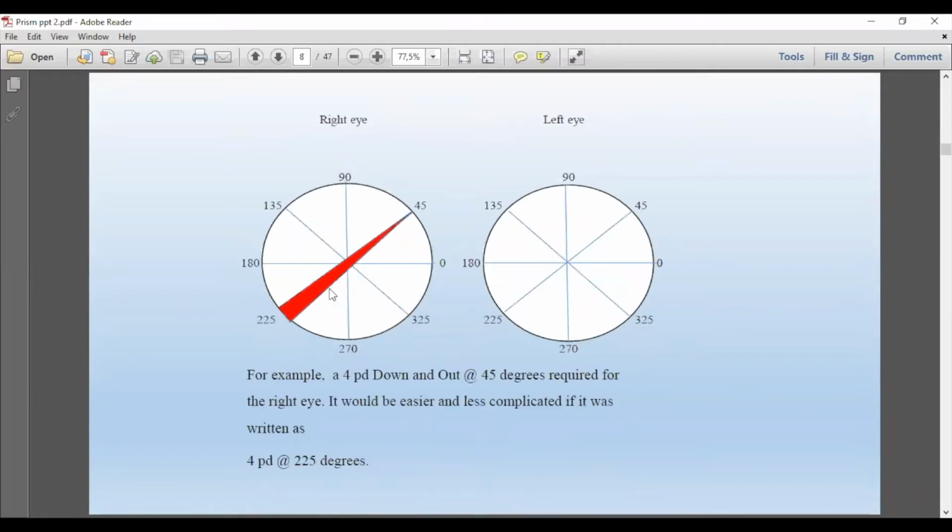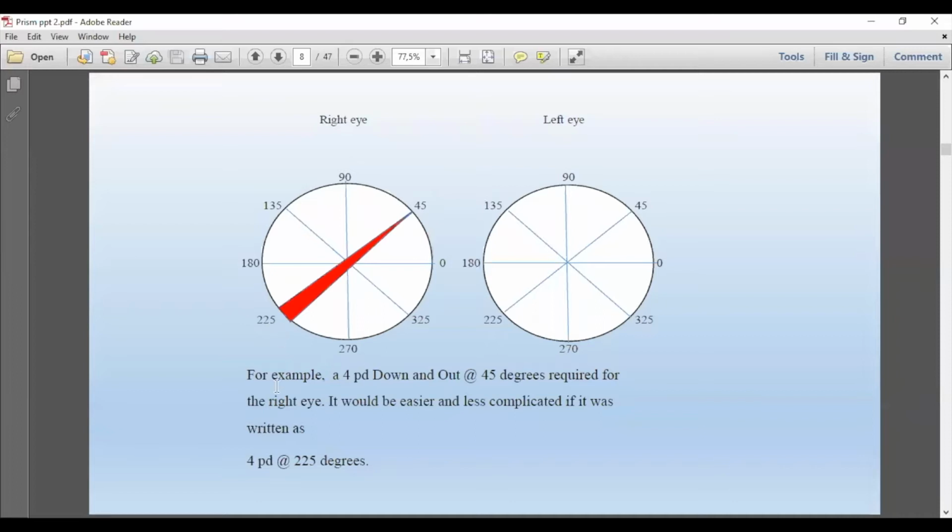So if we go over here now, for example, a 4 prism down and out at 45 required for the right eye. It would be easier and less complicated if it was just written as 4 prism at 225. So there's no confusion. You don't have to worry about up and out, down and in, or whatever.